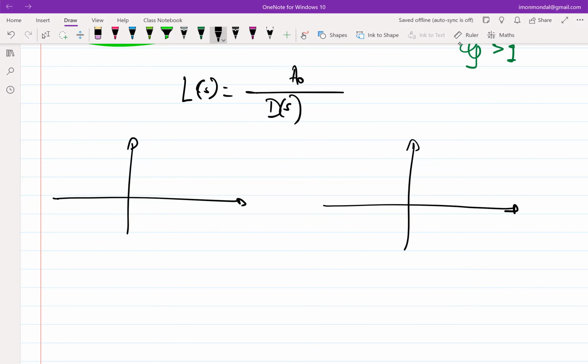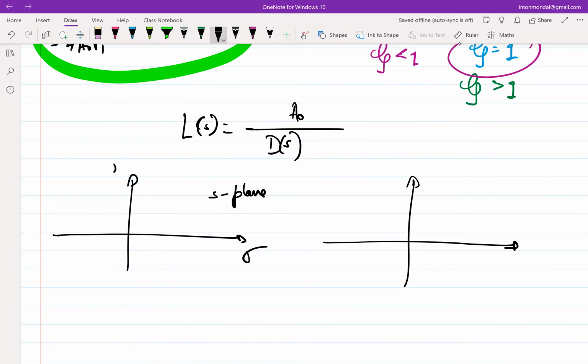So let's say I am plotting this. Let's say this is the S plane. This is sigma, this is j omega. And let's say this is the L plane. I'm plotting real of L and imaginary of L.